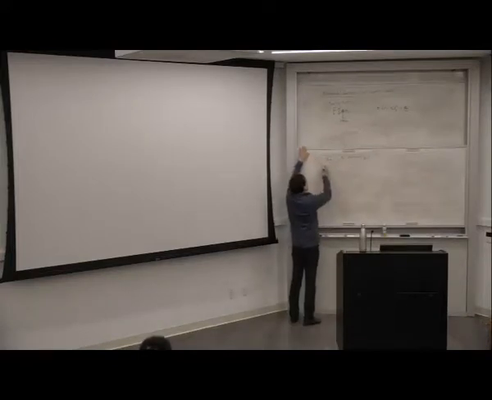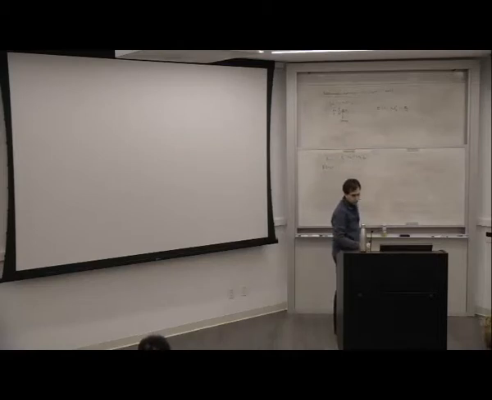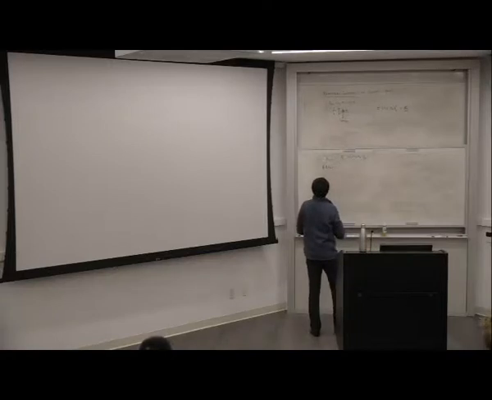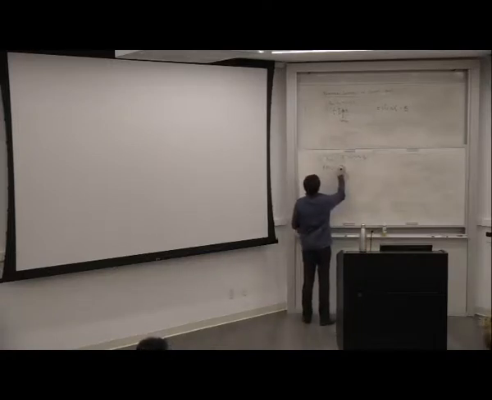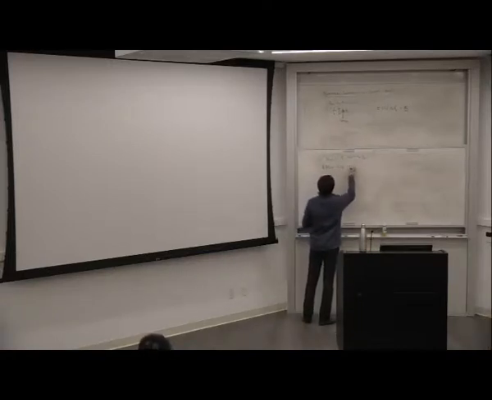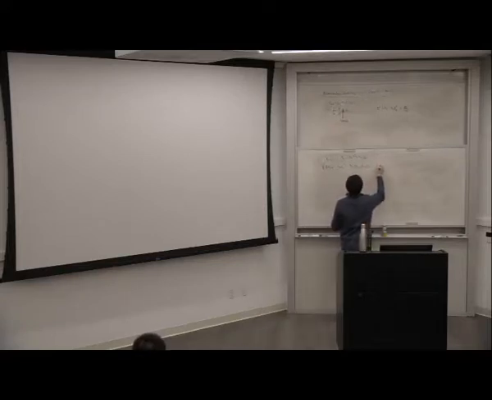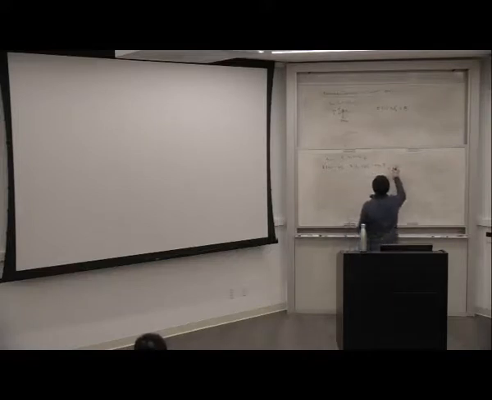So it's going to be the expected value of x t plus 1 minus x star squared, which equals the expected value of x t minus x star squared, minus 2 alpha t times the expected value of x t minus x star times the gradient.